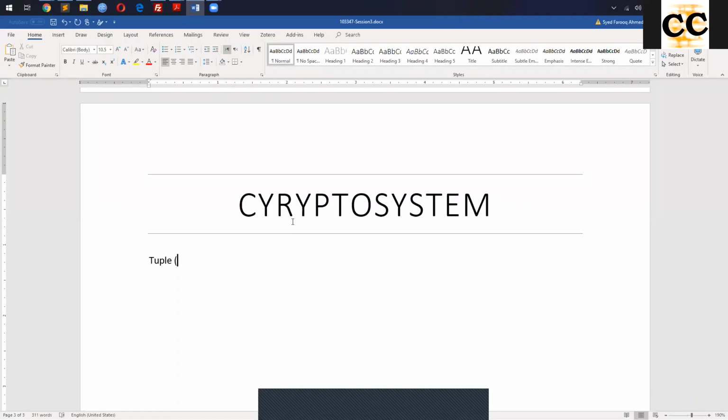So a crypto system consists of a five tuple, okay? And the elements in this, which I will elaborate in detail, are P, C, K, E, and D. P stands for the plain text, and C stands for the cipher text or encrypted text.